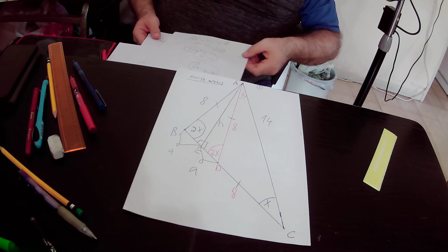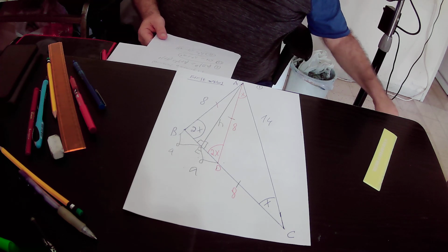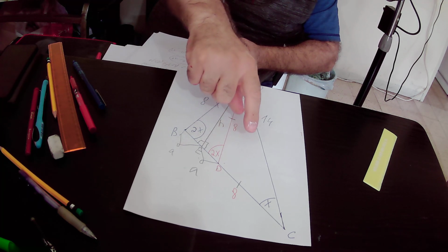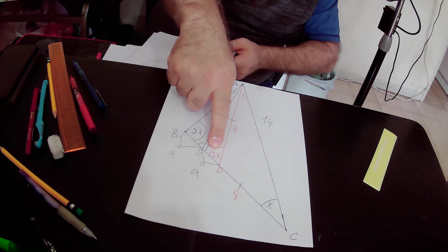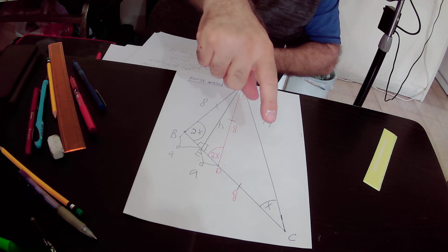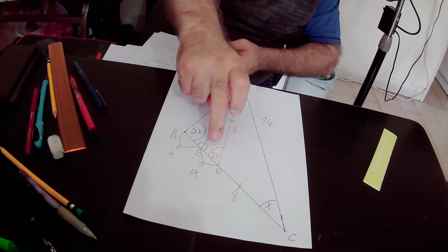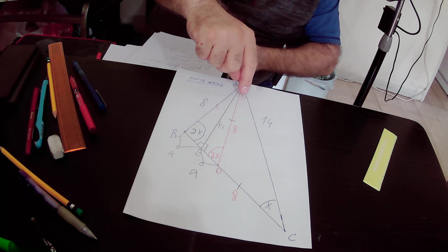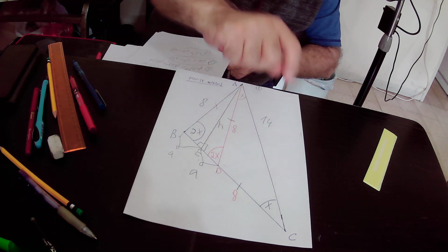And then we use rule number 2. According to rule number 2, in relation to triangle ADC, this angle that equals 2x is an exterior angle of triangle ACD, and rule number 2 states that this exterior angle equals the sum of the two interior angles, angle CAD plus angle ACD.